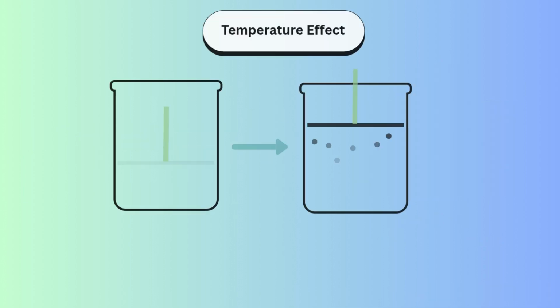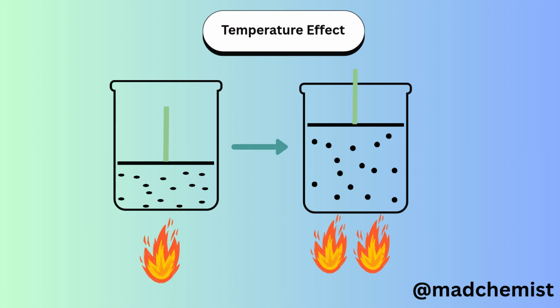Now we discuss the effect of temperature on gas particles. How are gas particles affected with the increase in temperature? When we provide temperature to gas particles, this temperature acts as energy for the particles, and hence causes an increase in kinetic energy, and this causes the particles to move fast.